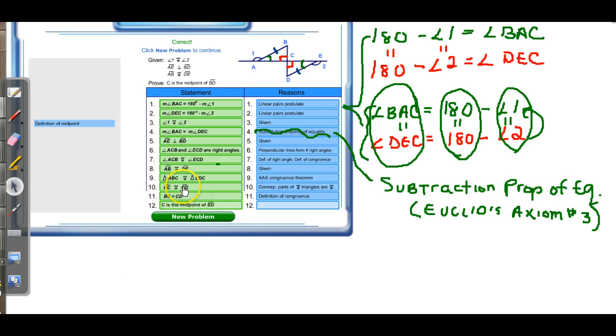So it's kind of silly that you have to go through those two steps, but you have to be very specific with proofs. So now we've stated that these two corresponding sides are equal. So let me go ahead and mark that. And let's see. I guess I haven't used black. So they're equal.